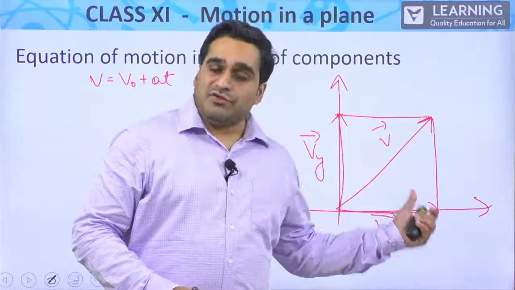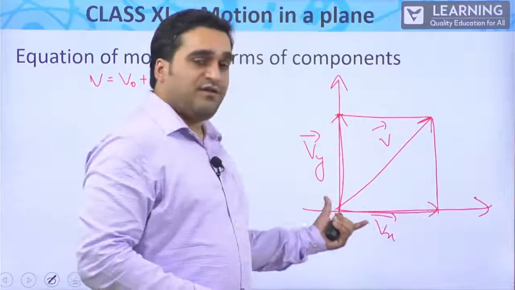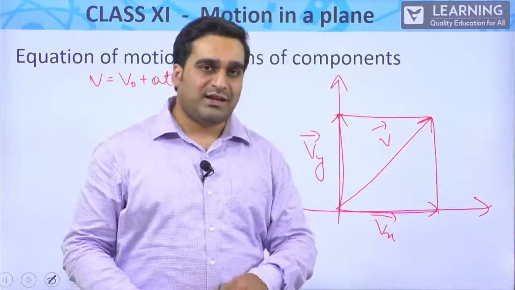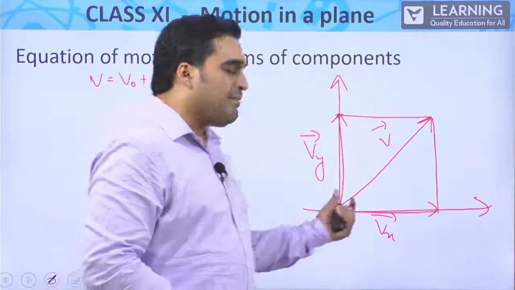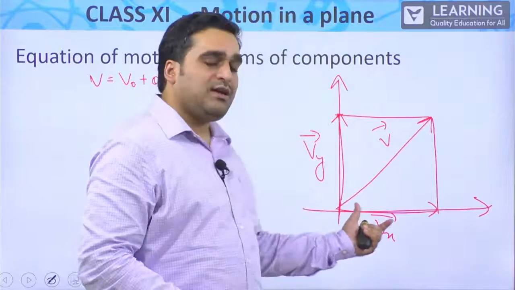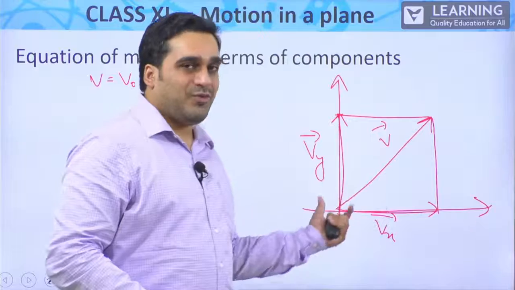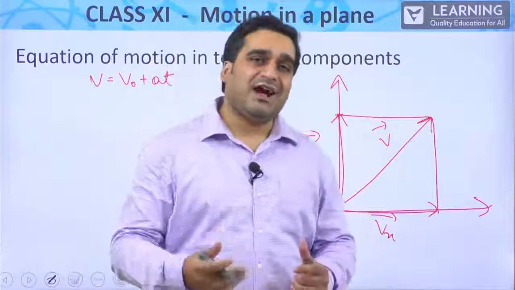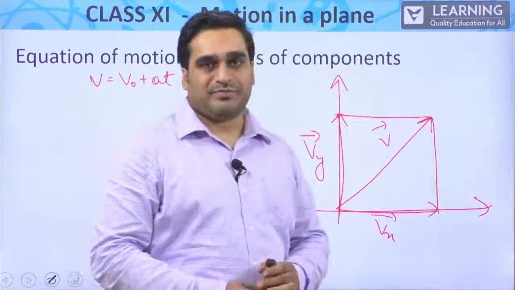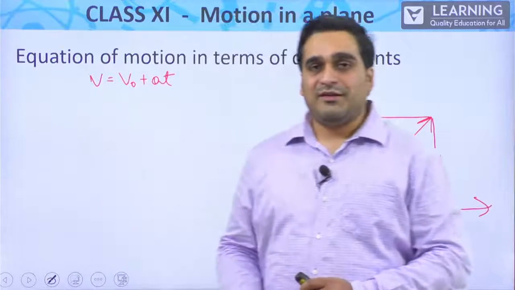Now, for those of you who find this difficult to understand, you can look into my previous lecture where I explained the components of velocity along the x-axis and the y-axis and how they are related to the velocity vector. All right.